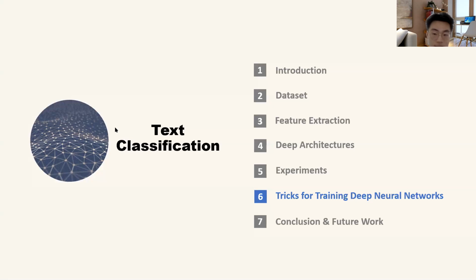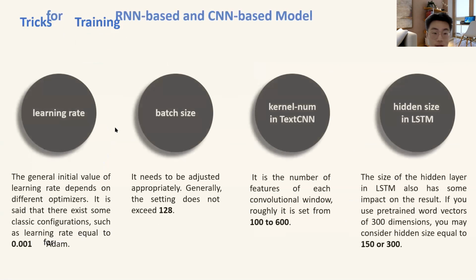After the experiments, we also summarize some tricks for training deep networks. For RNN-based and CNN-based models, we use the Adam optimizer with an initial learning rate equal to 1e-3. The batch size needs to be adjusted appropriately.